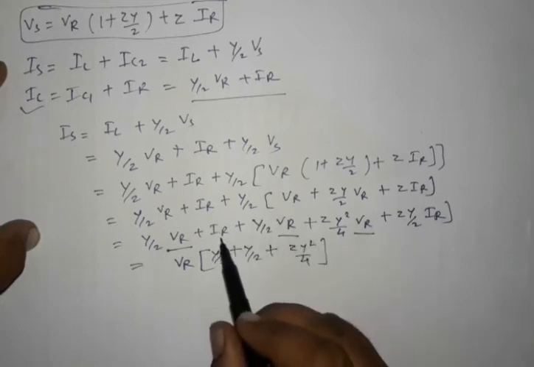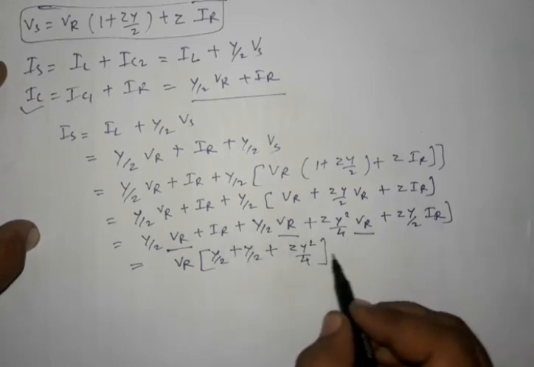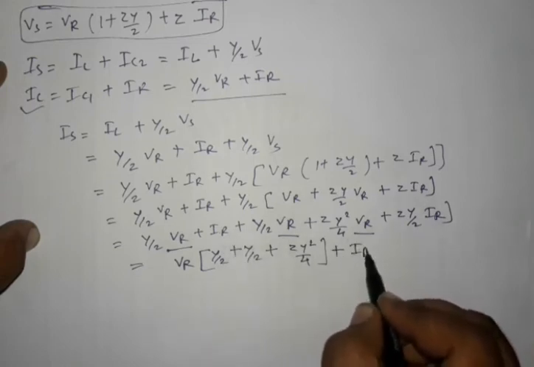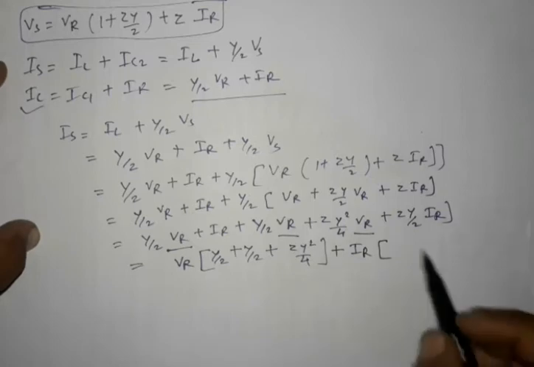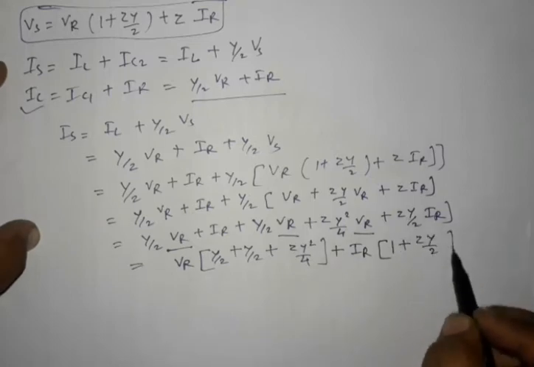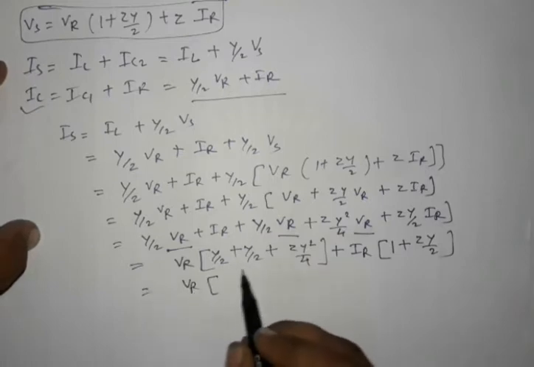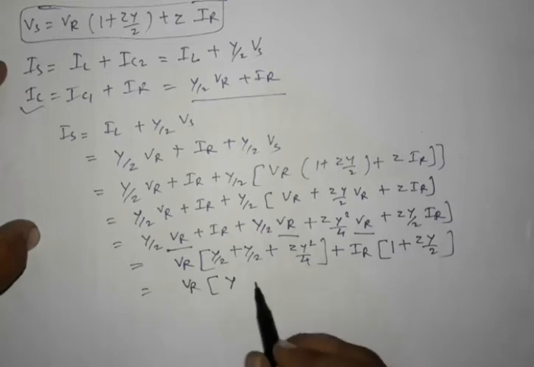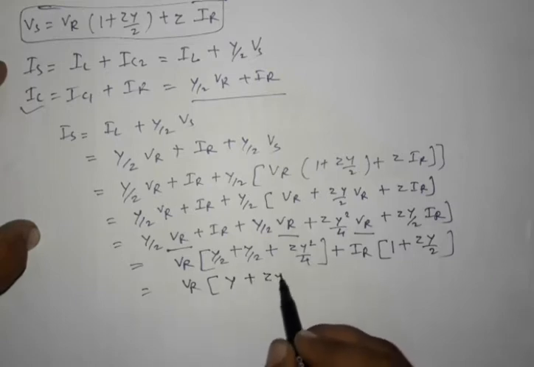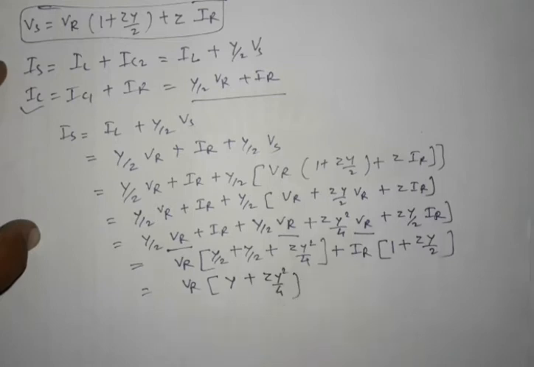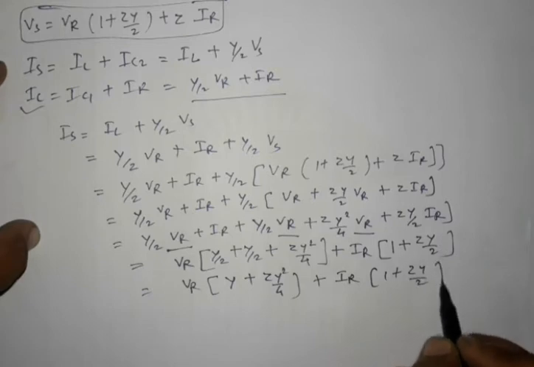Now take the common value of IR. We get 1 plus ZY by 2. Now Vr is as it is, Y by 2 plus Y by 2, which is Y, plus ZY squared by 4, plus IR times 1 plus ZY by 2.